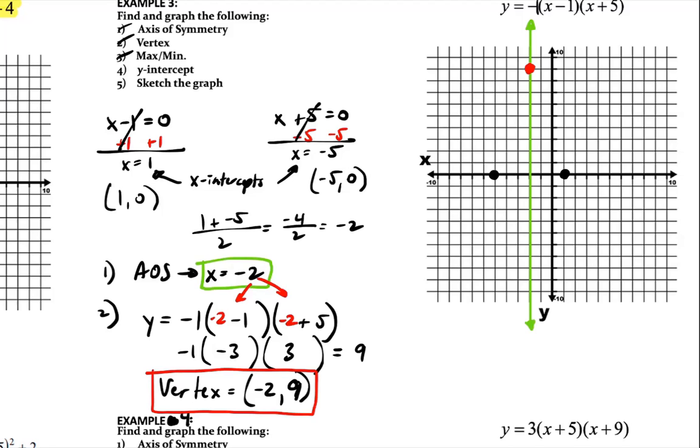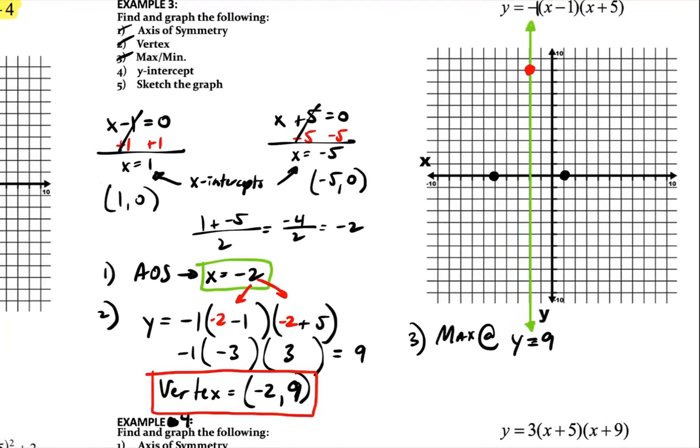A is negative, and the only way for it to connect with the other dots is arrows down. So if it's arrows down, it's going to be a maximum at y equals 9. We always use the y for that guy, okay?